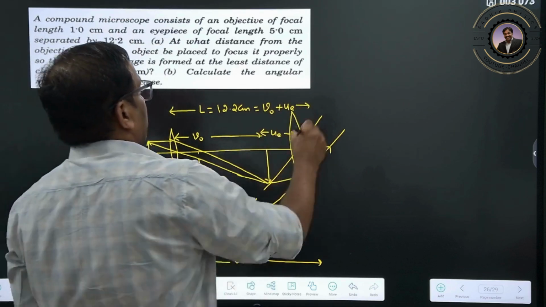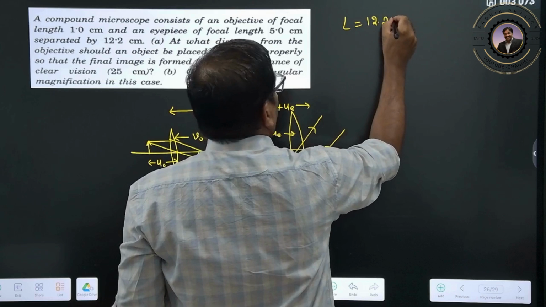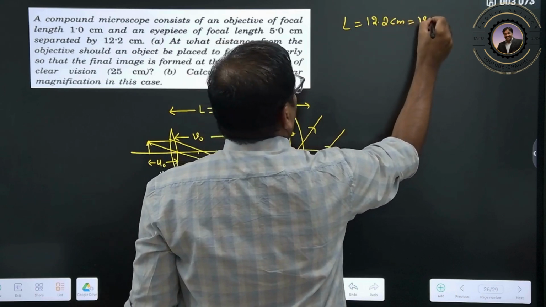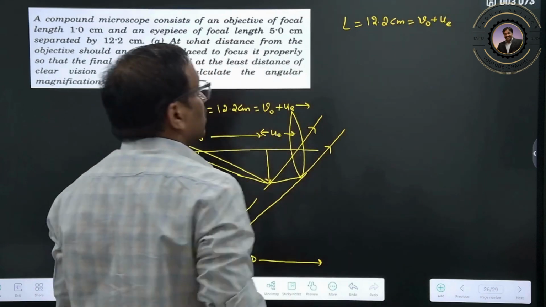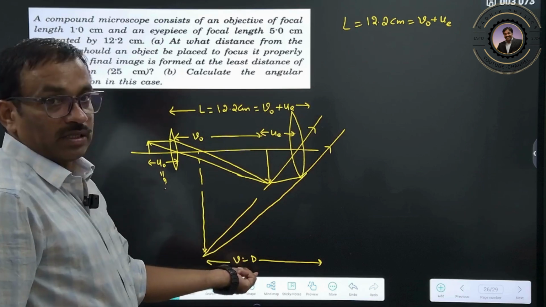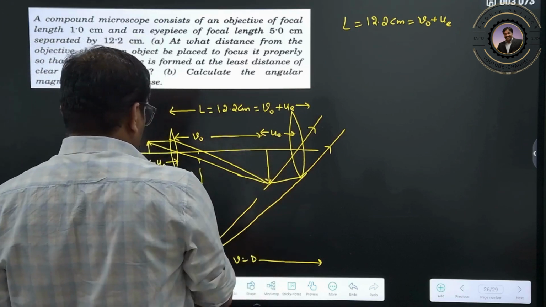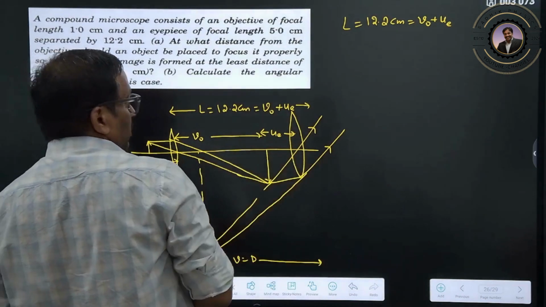So, tube length is given now. Tube length how much now? 12.2 centimeter. So, that will be nothing but V_O plus U_E. So, first let us calculate U_E, right? Why? Because the image is at the least distance of distinct vision. So, first let us go for the eyepiece.